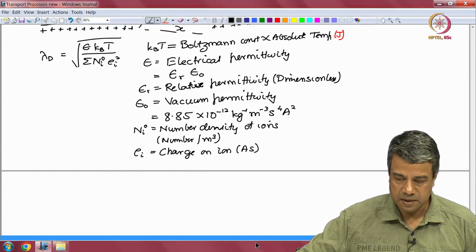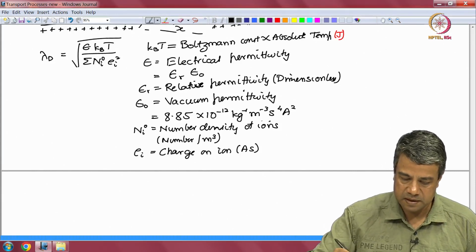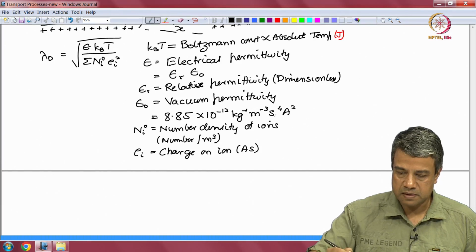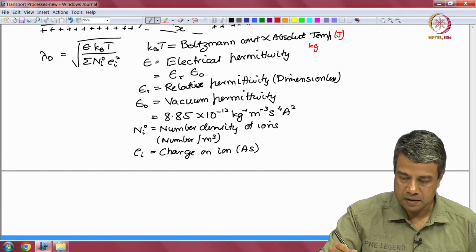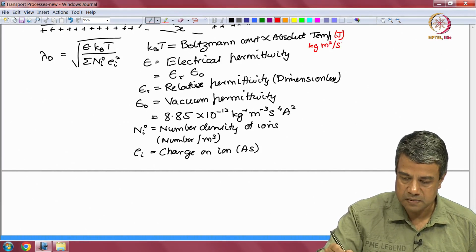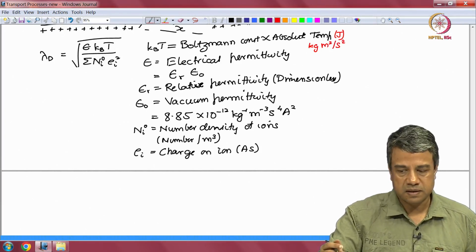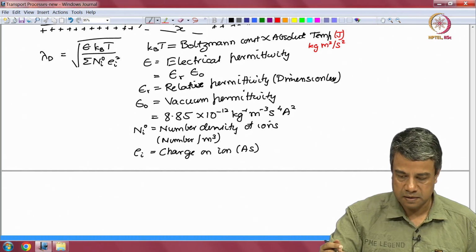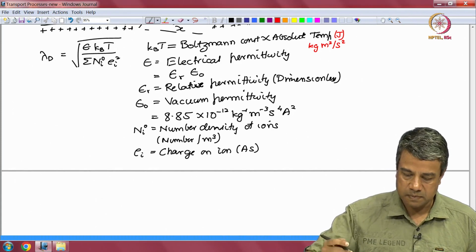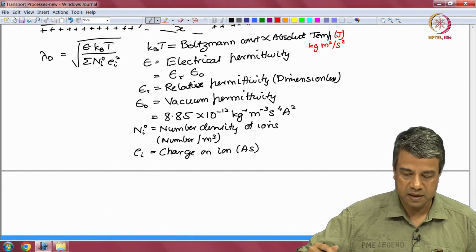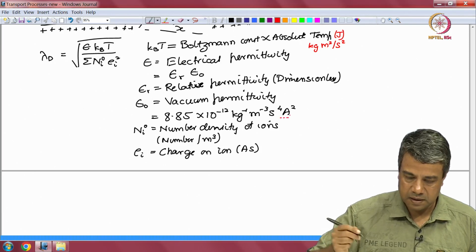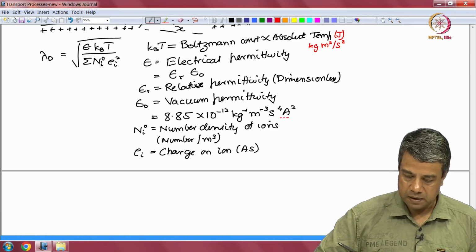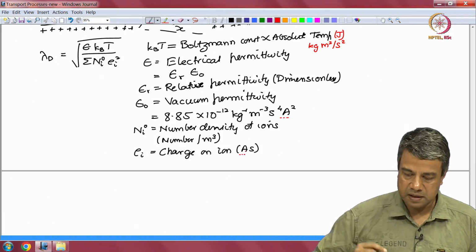So, epsilon is kg inverse meter power minus 3 second power 4 ampere square. This Boltzmann constant is an energy, kg meter square per second square. Force into distance, force is mass into acceleration. And you can verify that the dimension ampere will cancel out, because this has dimensions of ampere square in the denominator, and you have ampere second in the denominator.